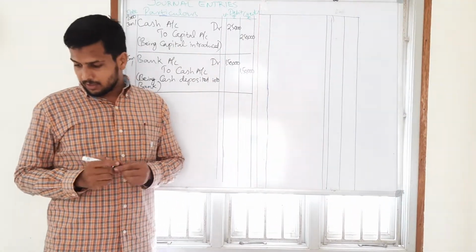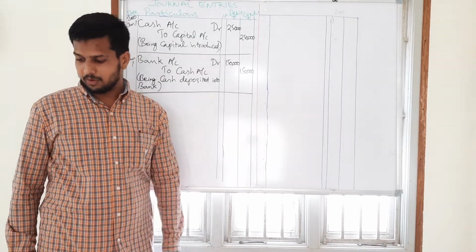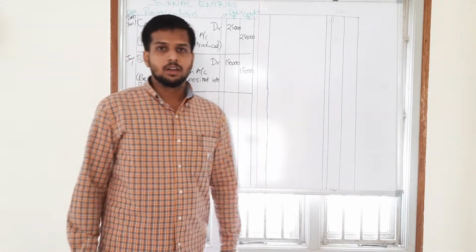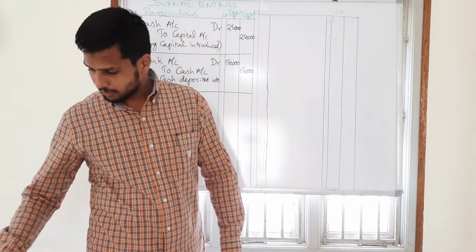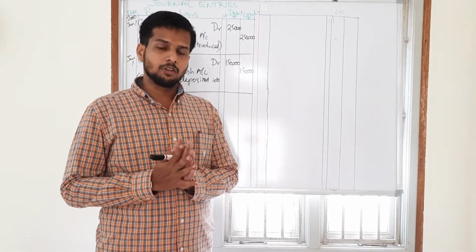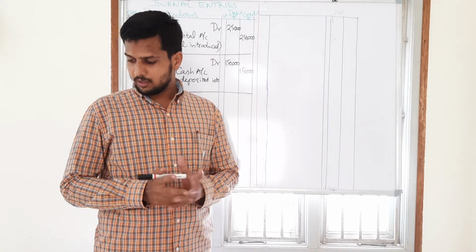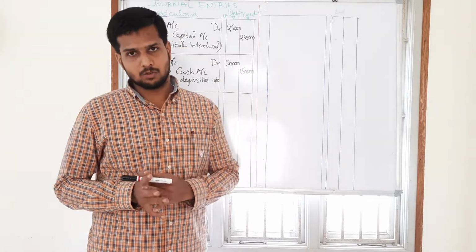The next transaction is purchased machinery on credit from Rangan. Here the two accounts that are affected are the machinery account and the Rangan account.